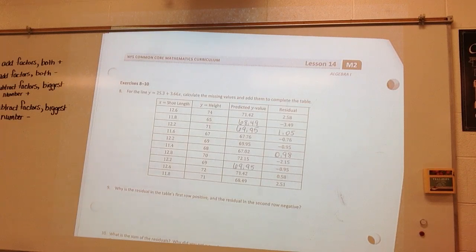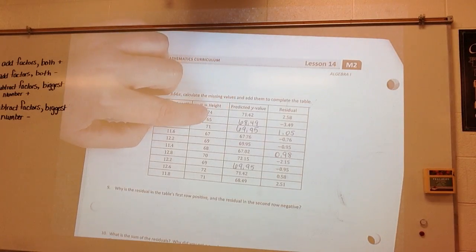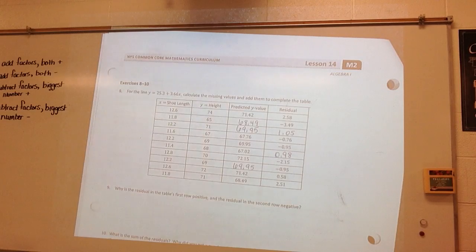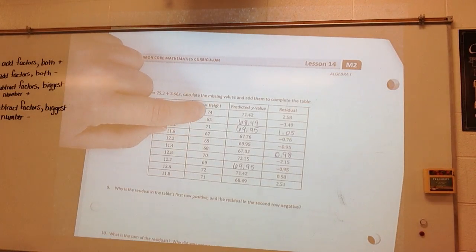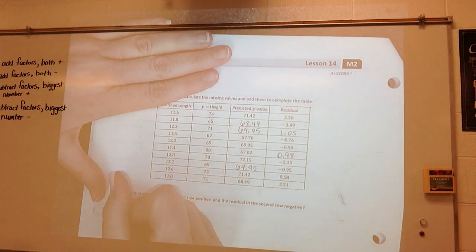Alright, why is the residual in the table's first row positive and the residual in the second row negative? Well, in the first row, the actual value is larger than the predicted value.